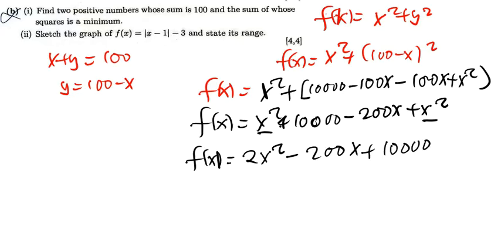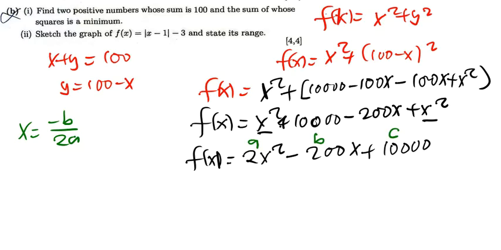Now to find the minimum, it's more like we are trying to find the value of x. So we use this formula, in case you have never heard of it. x is given by negative b divided by 2a. So here I know that this is a, this is b, and this is c.